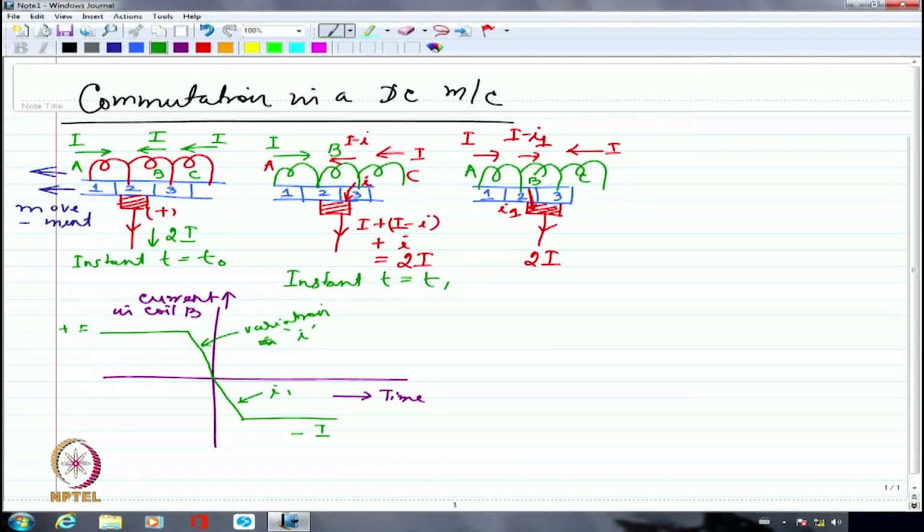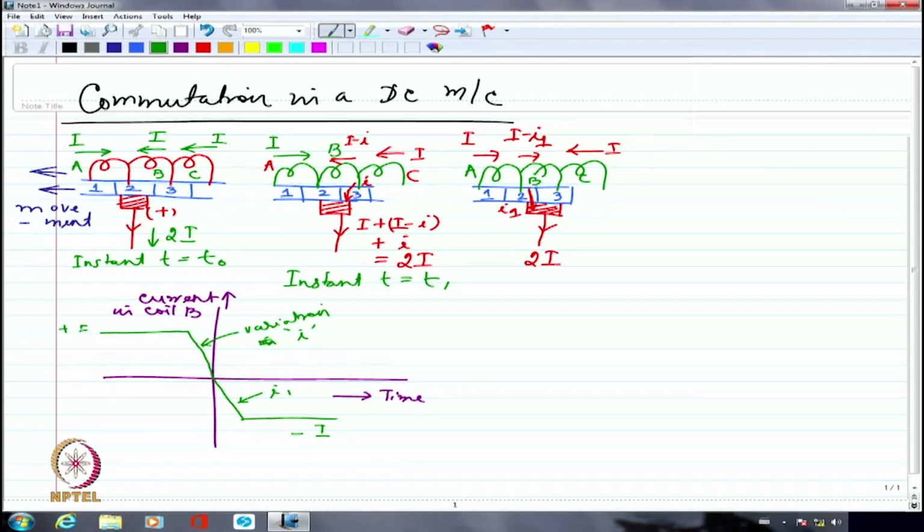Otherwise, you will not see sparking. If the area of contact is exactly proportional to the current flowing through the segment into the brush, the copper segment passes the current into the brush and it goes out. So there will not be any path for the current through air.